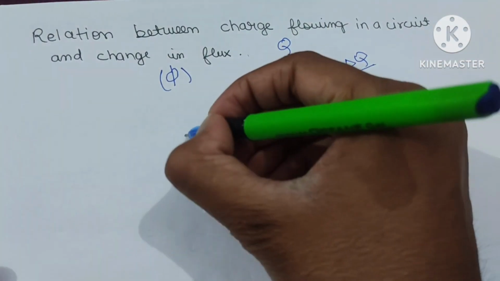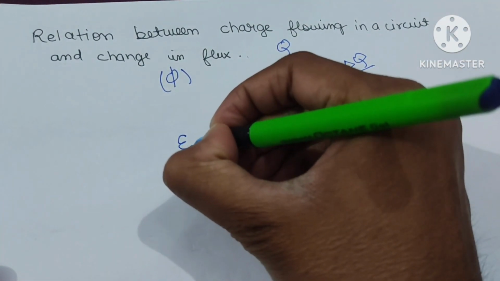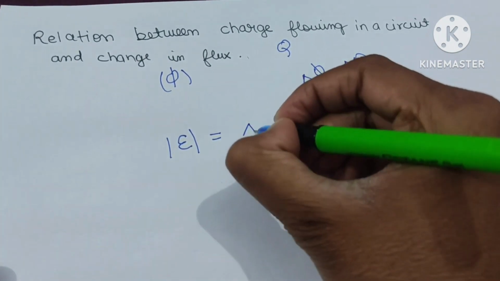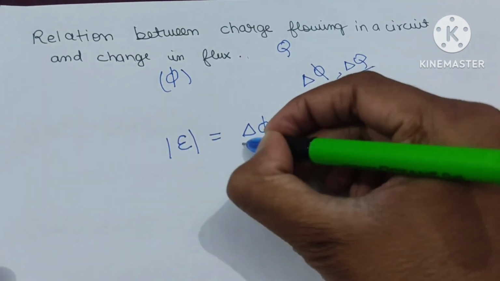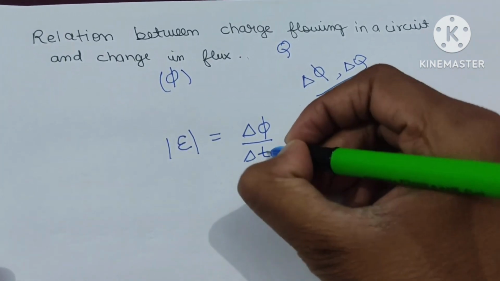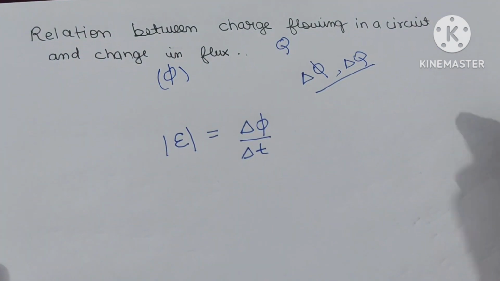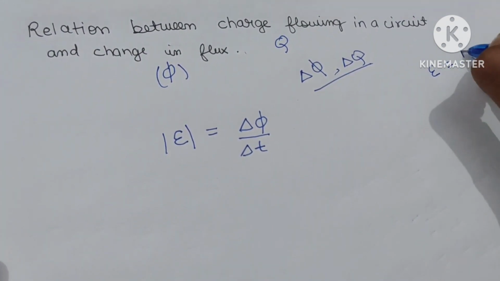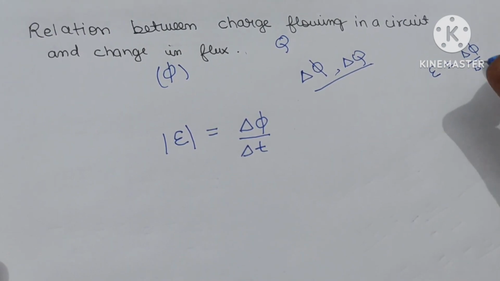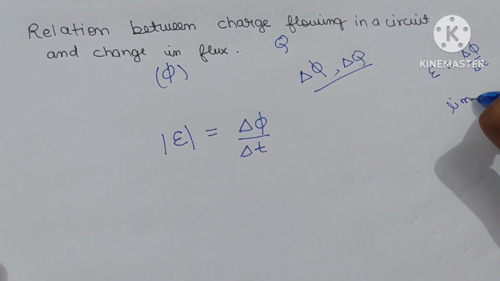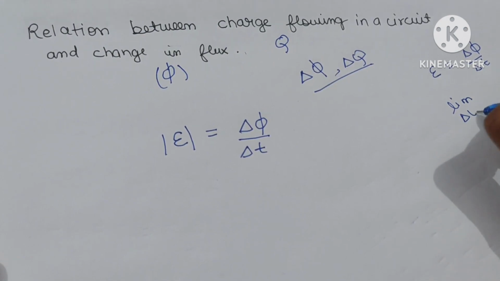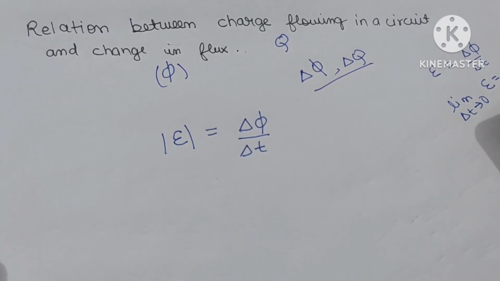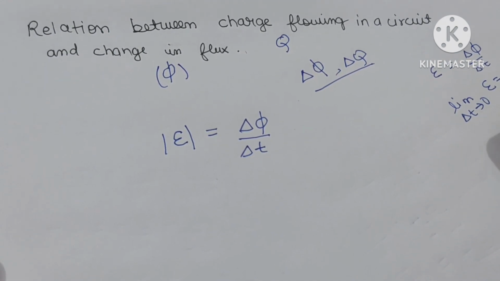So we should know what the EMF is. EMF is equal to del phi by del t. Actually, if you take the limit as del t tends to 0, it will become d phi by dt.